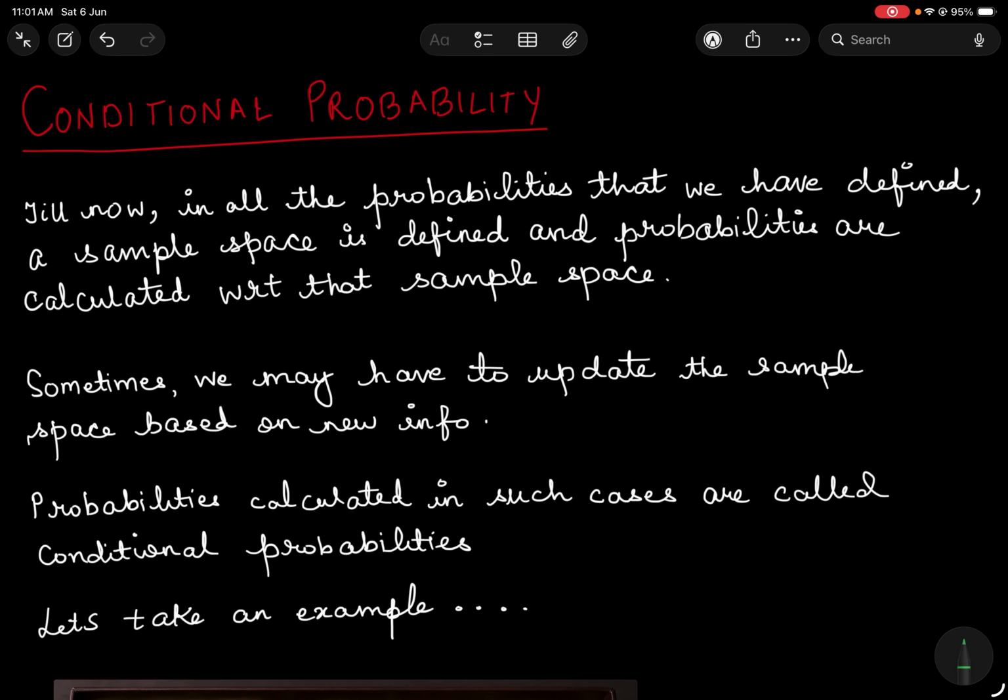A random experiment has a sample space, and generally when we calculate the probabilities, the denominator, that is the probability of anything happening in the sample space, the probability of the sample space is the denominator, and that is how the probabilities are defined. All right, so every probability we have calculated is with respect to the sample space of that random experiment.